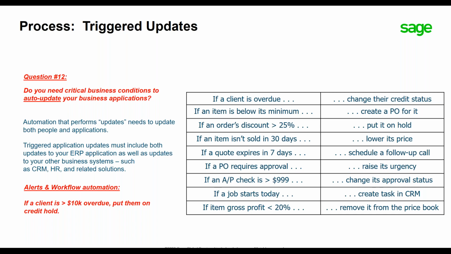So think about triggers and updates, what goes on in your business, and have the software generate that. If, then, do this, right? So if this happens, what is the next step? Again, if something expires, schedule a follow-up call; if a PO approves, raise an urgency. All those types of things if you look at the processing of triggers.